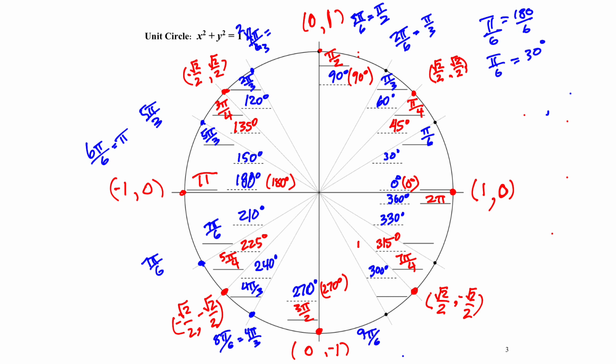And 3 goes into both of those. That leaves me with 3 pi over 2, which we already have written in there. Add another 30. We're at 10 pi over 6, which 2 can come out of that, making it 5 pi over 3.